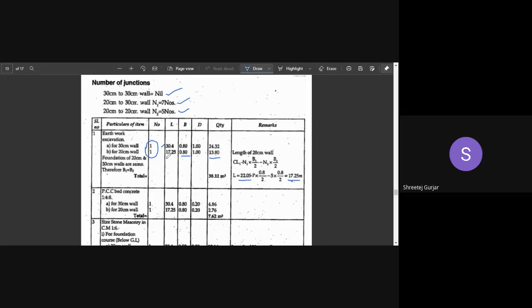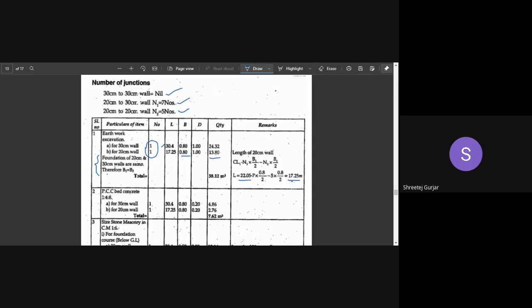Okay, so why is B1 equal to B2? They have given a note here, you can read. So why is B1 equal to B2? Because the foundation of 20 centimeter wall and the foundation of 30 centimeter wall are same. Even though the thickness of the wall is different, right?